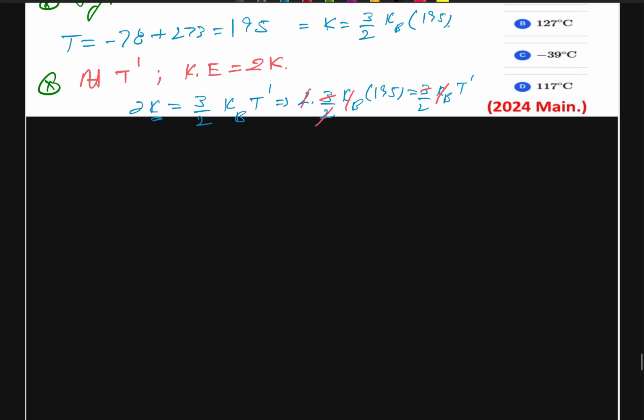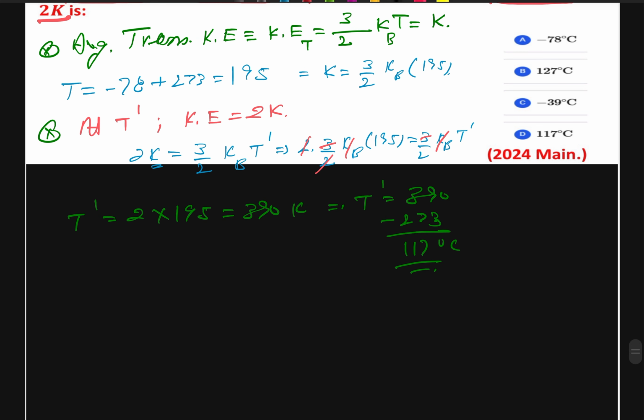Therefore, we get that T prime will be equal to 2 multiplied by 195, which gives us 390 Kelvin. But the answer is in degree centigrade. Therefore, T prime will be equal to 390 minus 273, and this comes as 117 degree centigrade. So option D is correct.